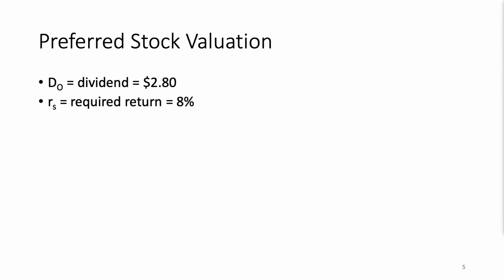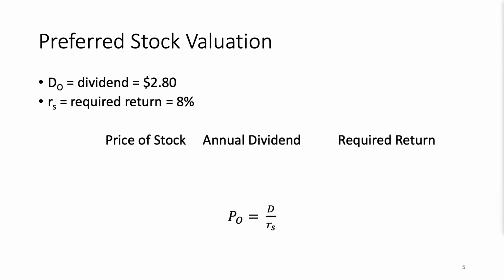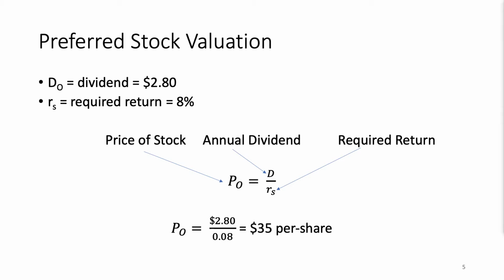The required return, that's r_s, the required return on the stock, is 8%. So I'm using the same information from the last slide in my example. And the price of the stock equals the annual dividend divided by the required return. What could be easier than that?